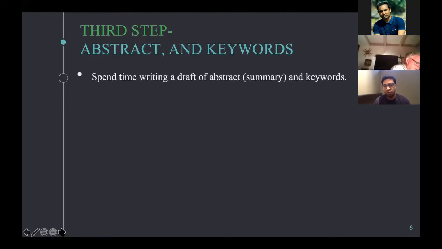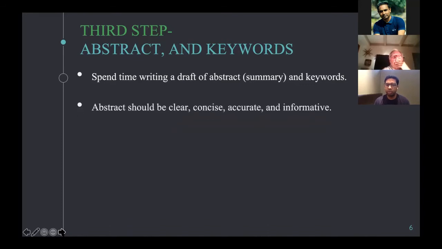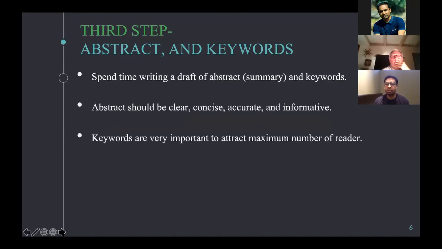So spend time initially writing maybe just a draft of the abstract, then you can modify it when the whole review paper is finished. Similarly, keywords are very important because when readers search for the paper, they will put in some keywords.